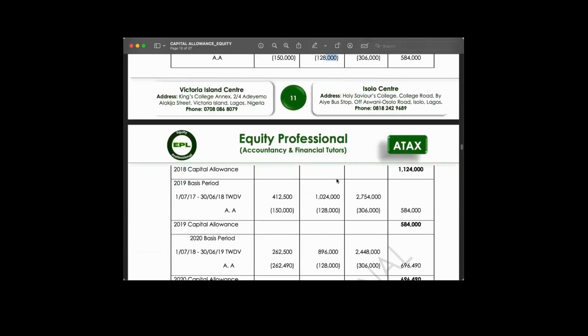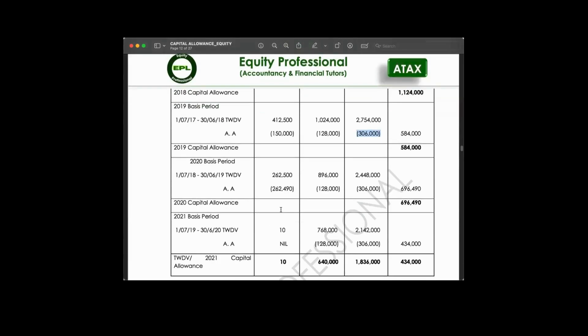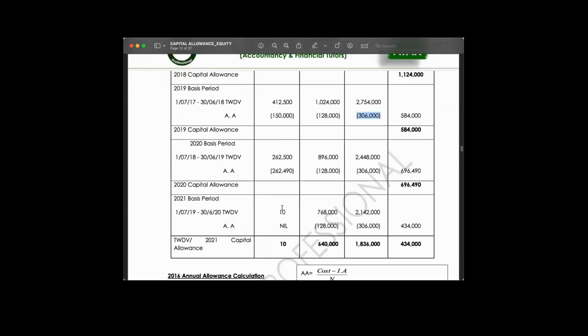This is not changed. When you get to the next year, we have our written down value of this value, and so our annual allowance of this value. Now, in the last year of use of your asset, you must retain 10 naira.